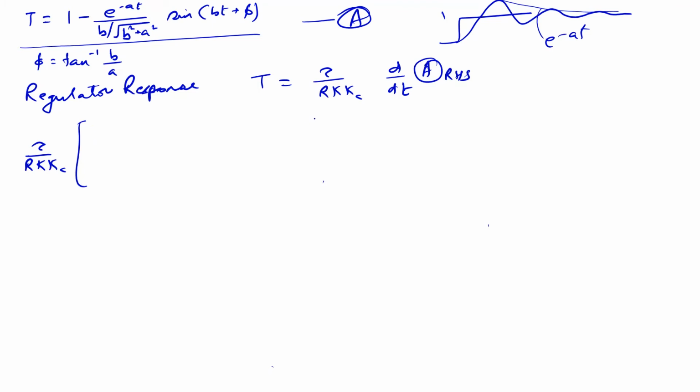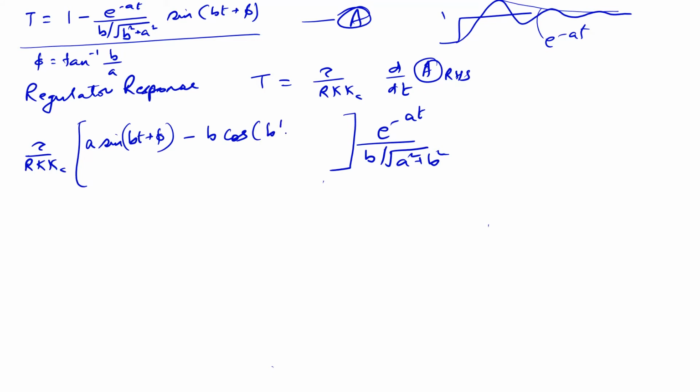I think e to the power minus at will become common, and of course b by square root of b square plus a square, or a square plus b square, is common, and so what you will get is a times sine bt plus phi. This is the term that you get when you differentiate e to the power minus at, and then when you differentiate sine bt, sine will become cos, so minus b times cosine bt plus phi.